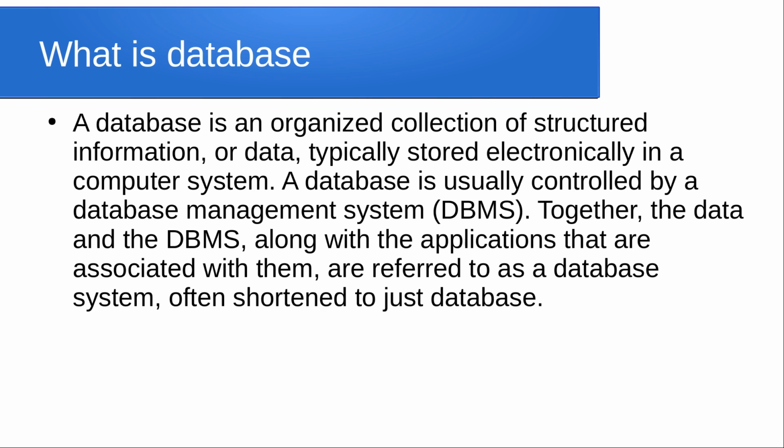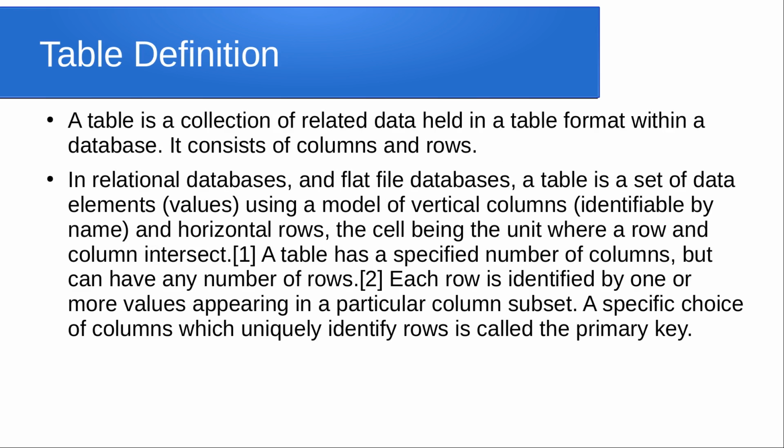I'll also discuss what normalization is. Once we normalize that information, we store it in a table. A table is a collection of related data held in a table format within a database. It consists of columns and rows.